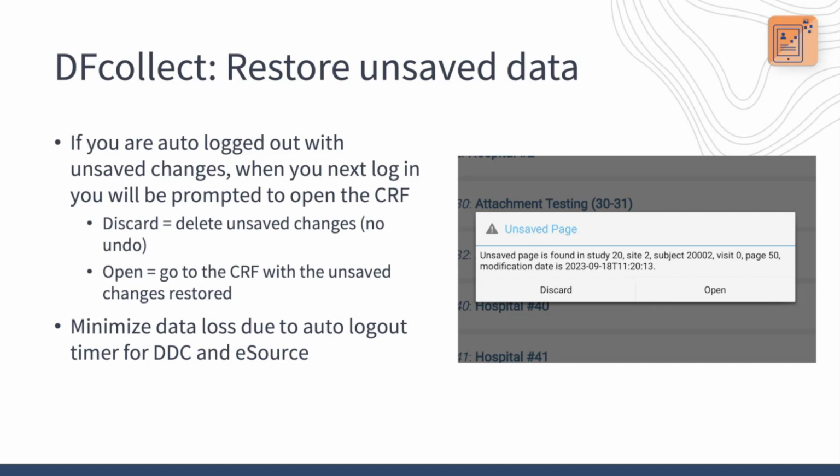So how it works is once you are auto logged out and you have unsaved changes, when you next log in, you will see this particular window, which informs you that you've got unsaved work, and asks if you want to discard it. If you choose to discard it, it will be deleted and you cannot undo it. If you choose to open, it will take you to your unsaved work, and then you can decide whether to keep on updating it or save it. Next slide.